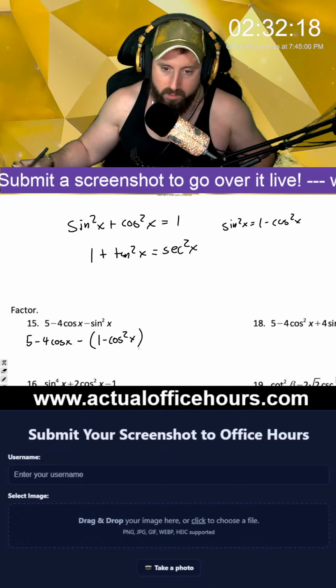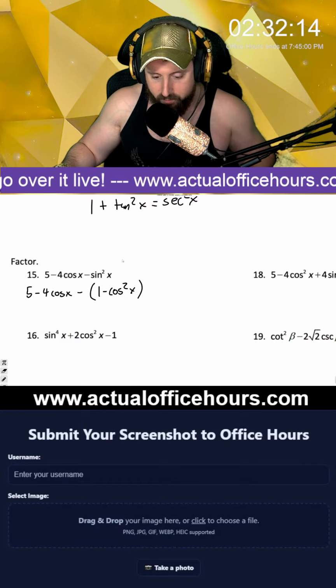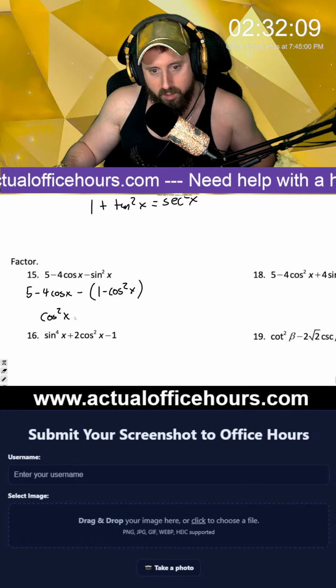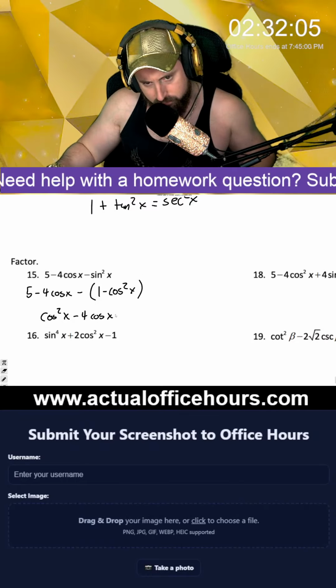Which I can then rearrange a little bit because the minuses are going to pass over, right? So then I have cosine squared x minus 4 cosine x plus 4.